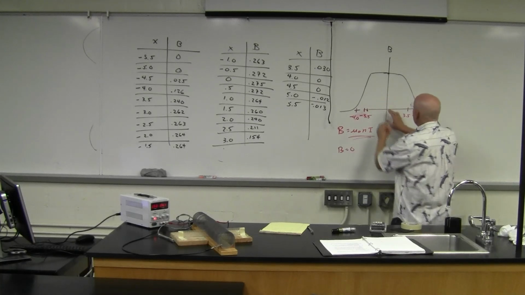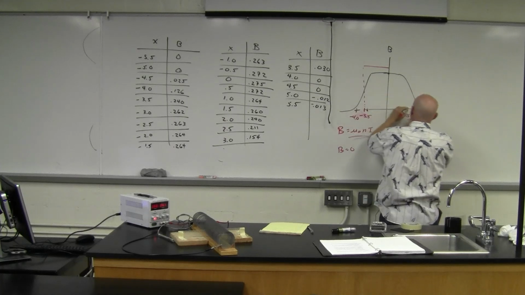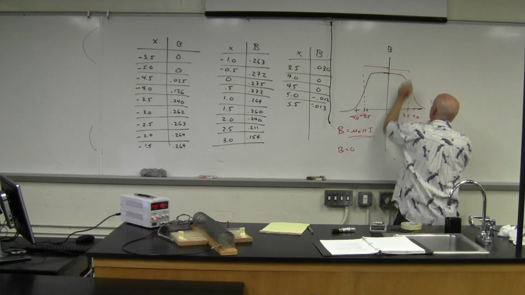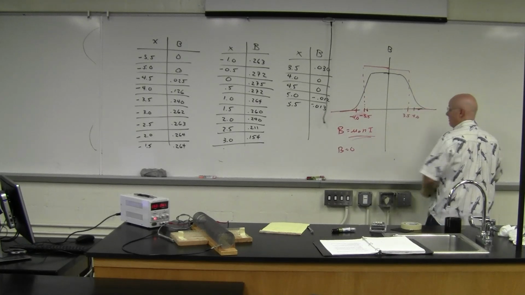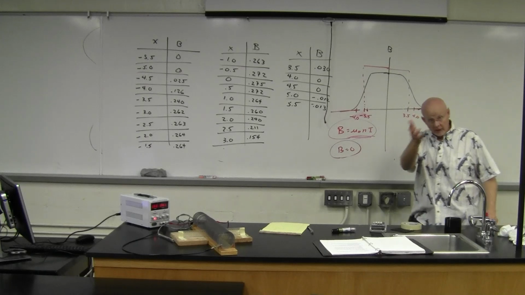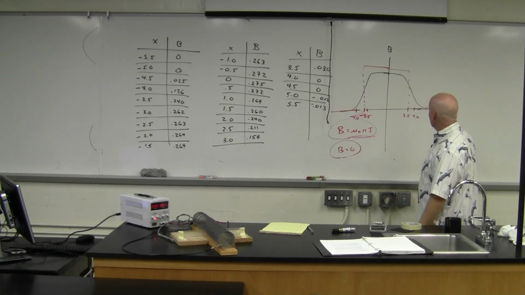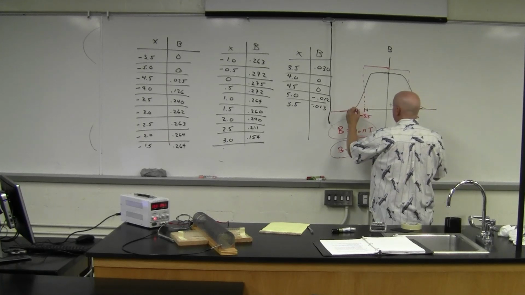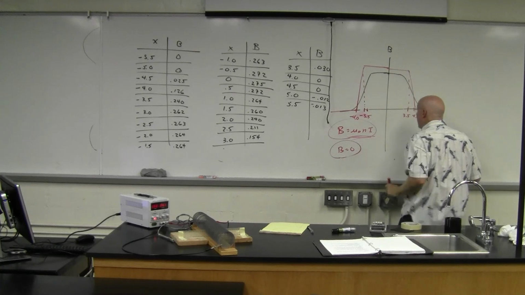You should get this value, and so you're going to get this nice straight line out to here. And then from here forward, you should get 0. Because these are our two equations for the magnetic field from the solenoid, as I was trying to say a few moments ago.